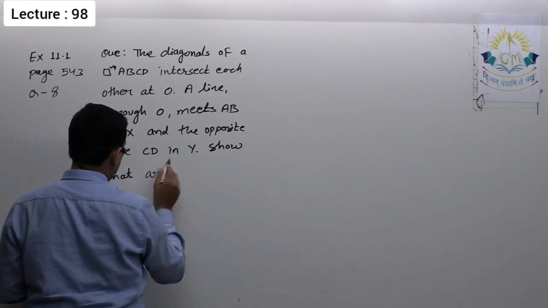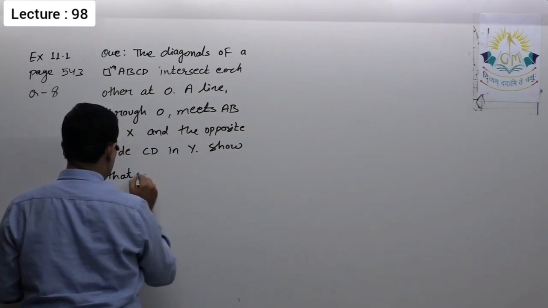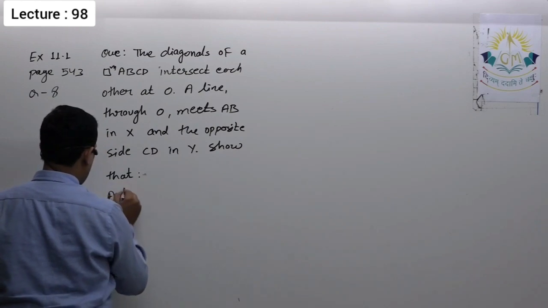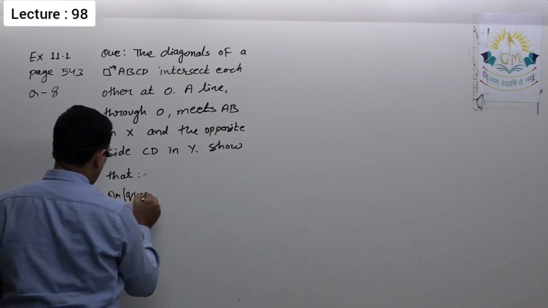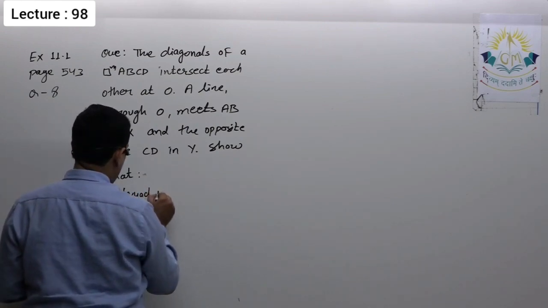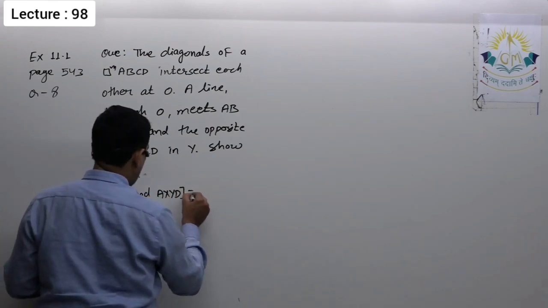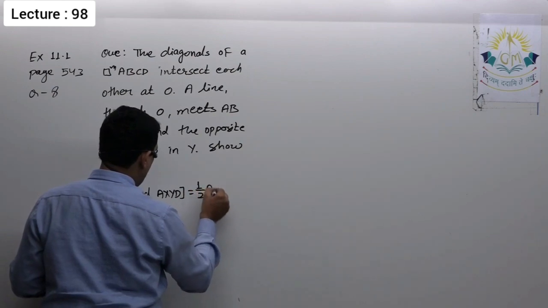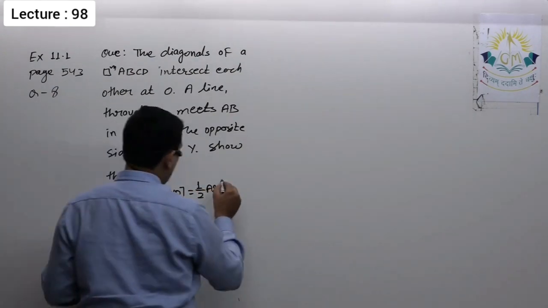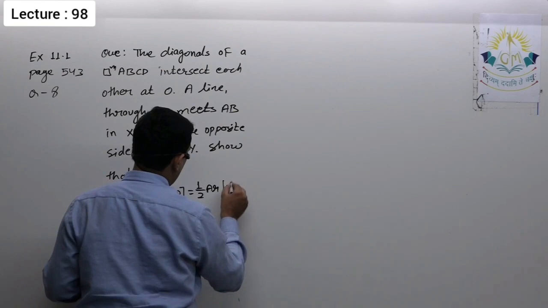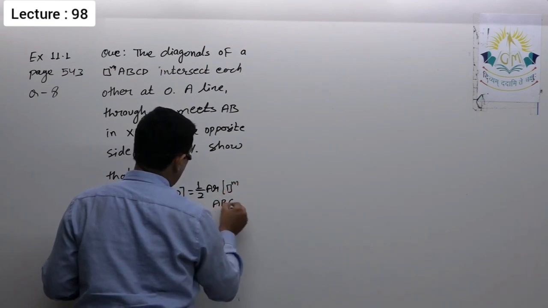area of quadrilateral AXYD is equal to half the area of parallelogram ABCD.